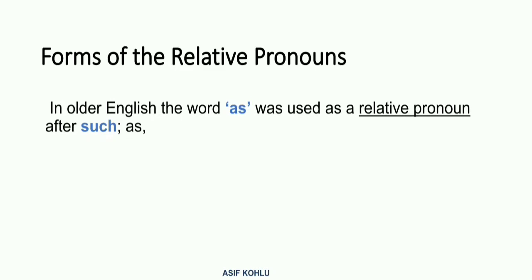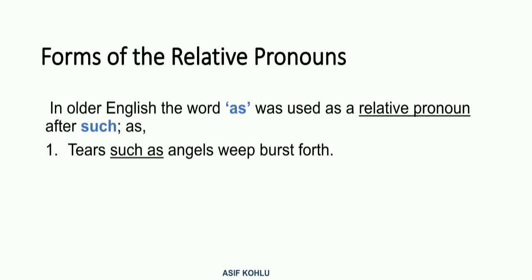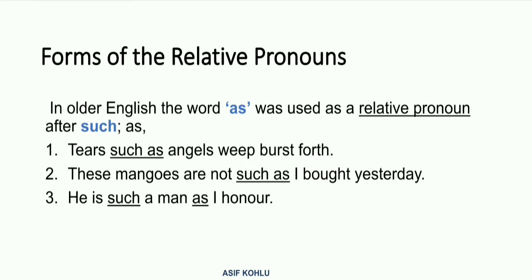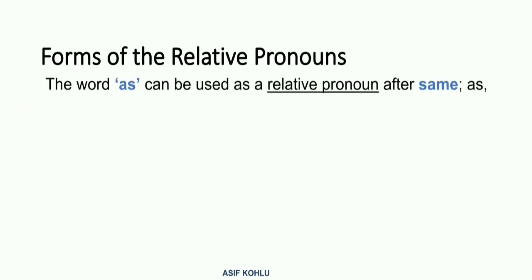For example: how tears such as angels weep burst forth. These mangoes are not such as I bought yesterday. Here such as is used as a relative pronoun. Third is, he is such a man as I honor. But it is all about the older English. It is not used in present-day English.